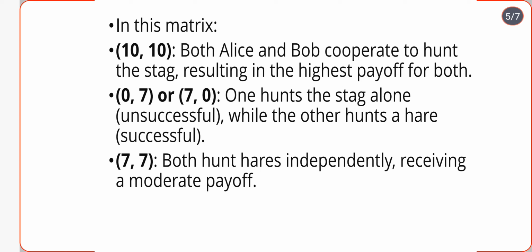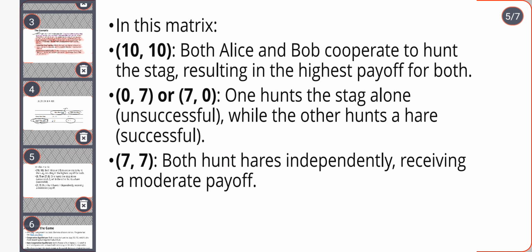So one of them is trying to kill the stag alone, which will not be possible, so he will receive 0 as payoff, and the other one individually hunts the hare, so he will receive 7 kilo of meat. 7 7: when both of them hunt hares independently and receive a very moderate payoff. Here both of them are hunting the hares independently and getting a moderate payoff.